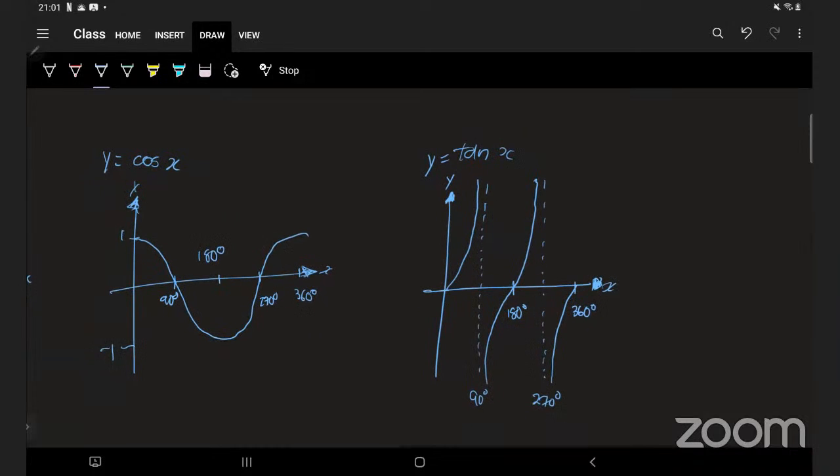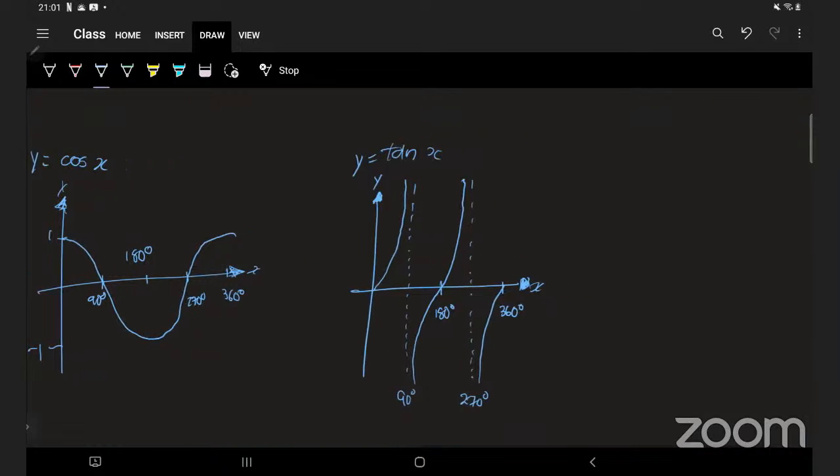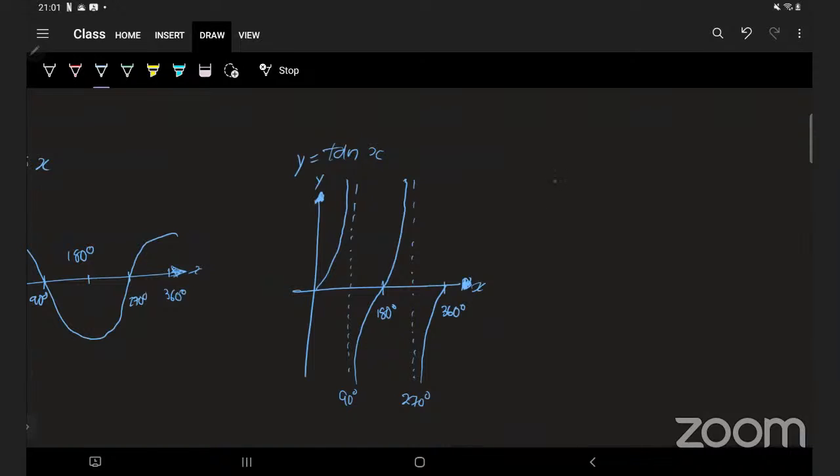So you might be wondering, why are there asymptote lines at 90 degrees and 270 degrees? As we know, tangent x is actually equal to sine x over cosine x. So say, for example, x is equal to 90 degrees.